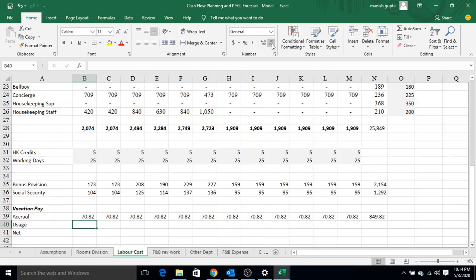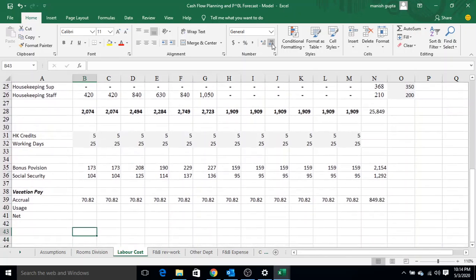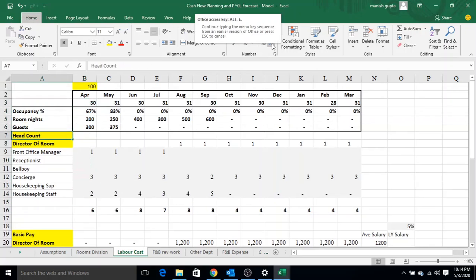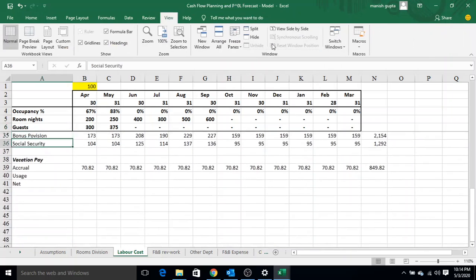So usually when we are giving the budget, we look at when they are going to use the most. We allow them based on our budget, on our estimated number of rooms and head counts, when we are having low business. So let's say we are having a business of 200 room nights.